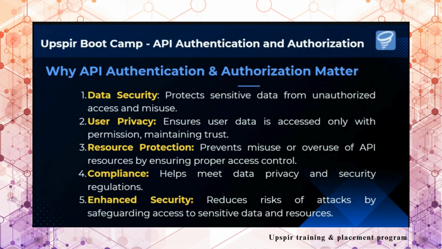So if our API doesn't have authentication and authorization, people can misuse it, right? Even if I don't want to get any information from the API, I can still call the API and keep on calling it just like that.